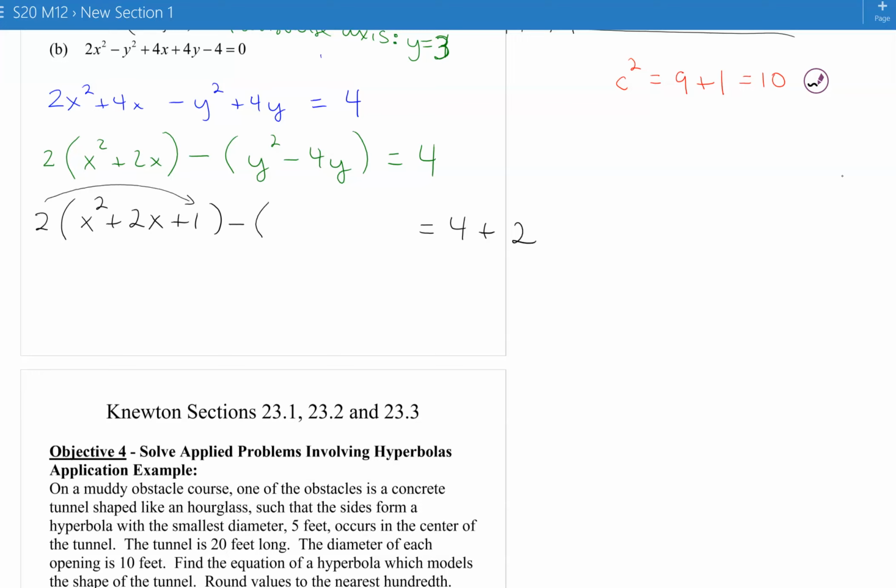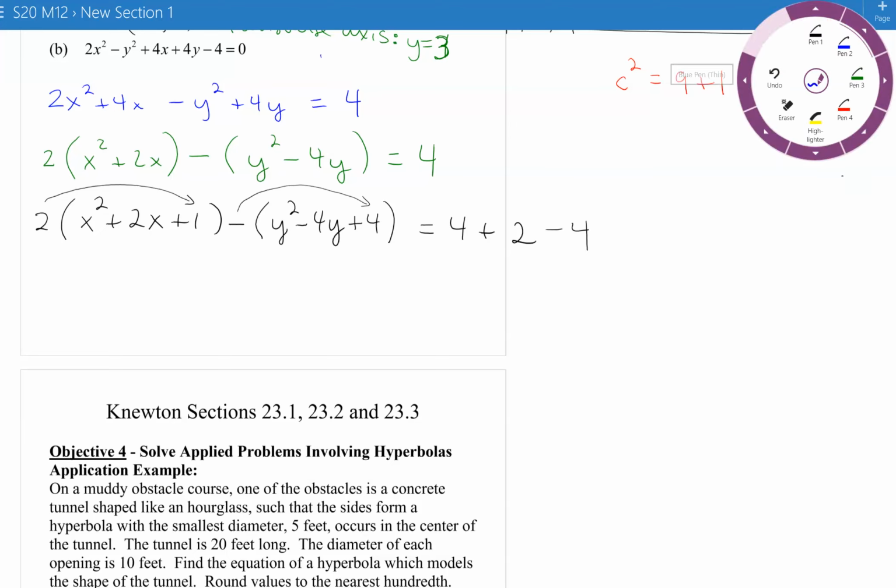Then I have minus, and I have y squared minus 4y. I take the negative 4, cut it in half, negative 2, square that, and I get positive 4. But now notice that I've actually subtracted 4. So I need to do the same thing on the other side.